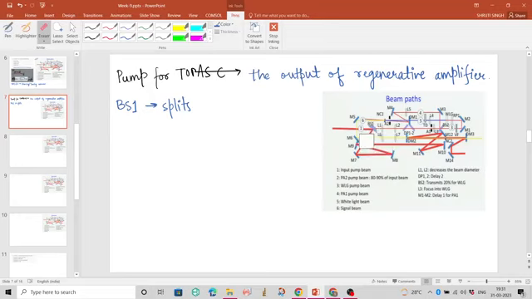So 80% of the light is reflected. We write here: reflects 80 to 20%. So the most amount of light is reflected in this path, the second path.